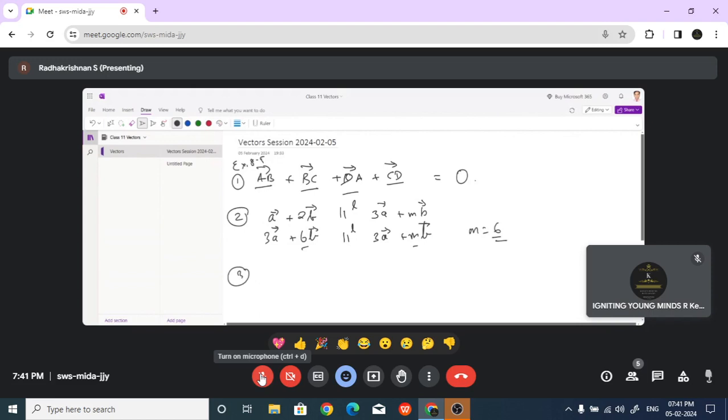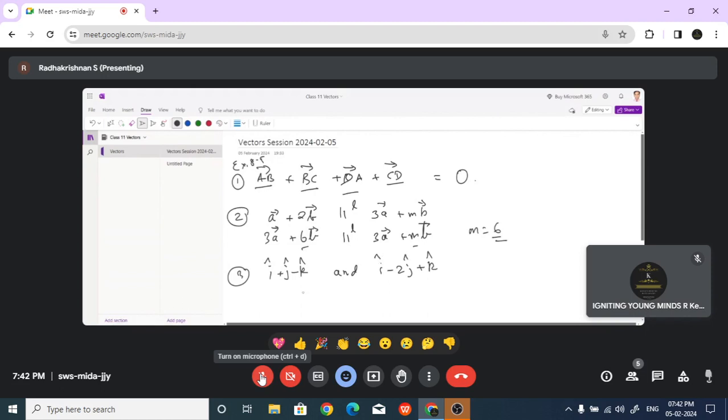Let's go to the next problem. The unit vector parallel to the resultant of vectors I plus j minus k and I minus 2j plus k. These two vectors are given.